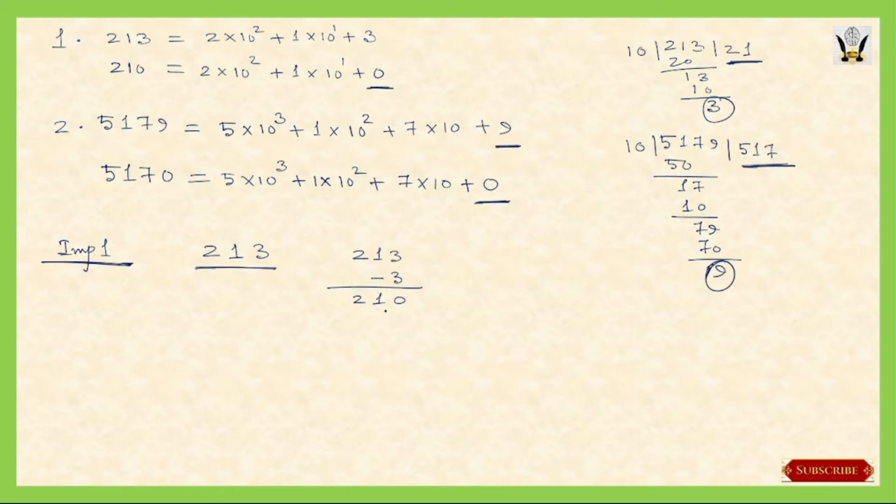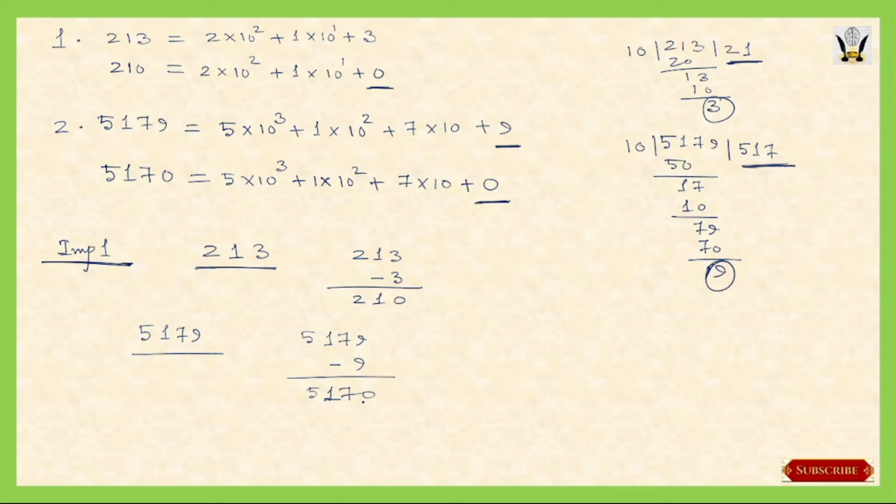So it becomes 210, and 210 is divisible by 10, because at the units place it is now 0. Again, if we take the example 5179 and subtract 9, it becomes 5170, and 5170 is divisible by 10 as it has 0 at the units place.